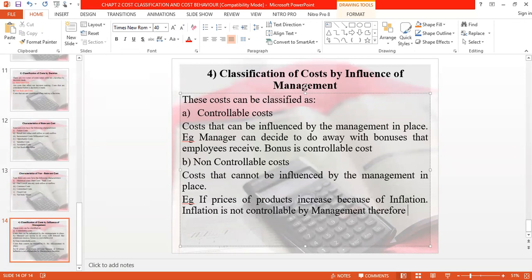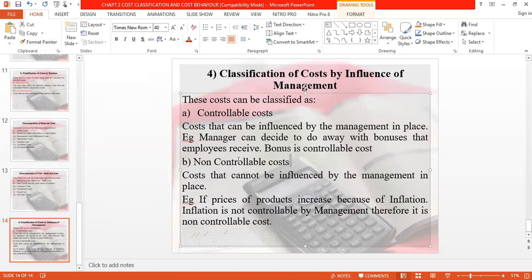Therefore, it is non-controllable costs. If prices of products increase because of inflation, inflation is not controllable by management, and therefore it is non-controllable costs.